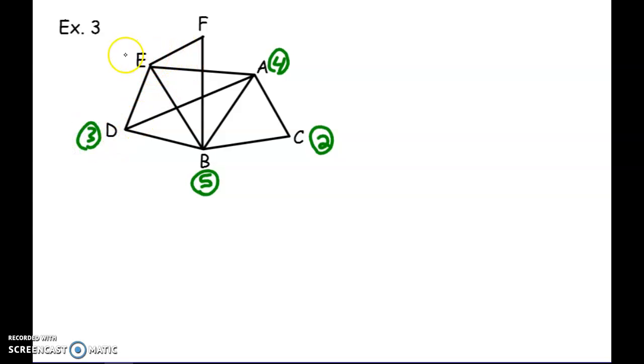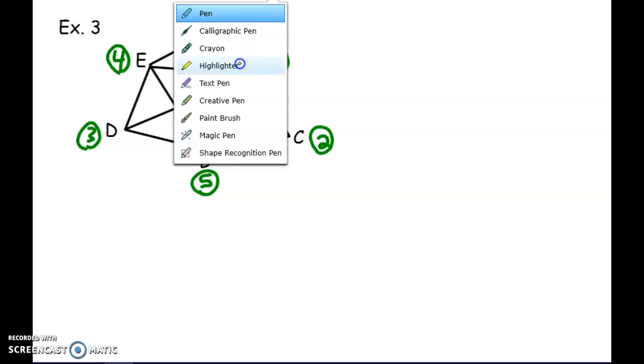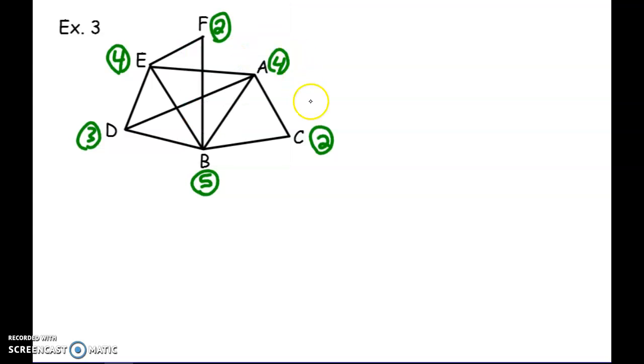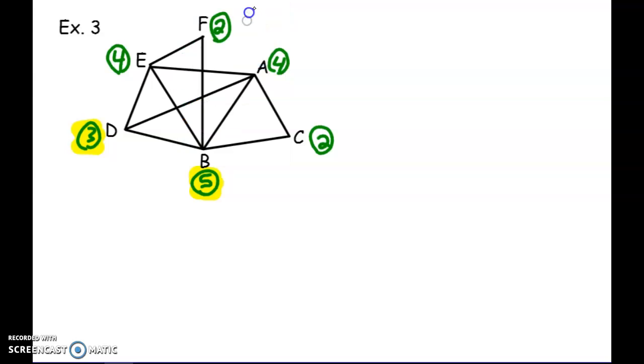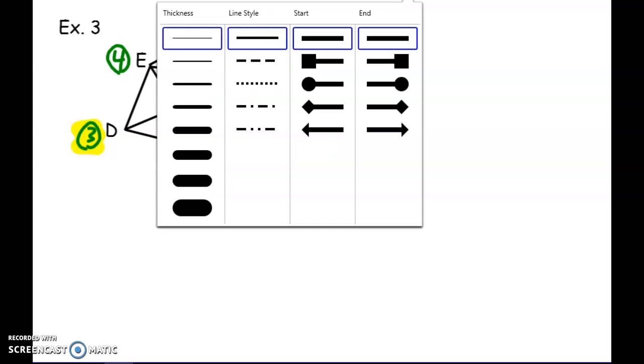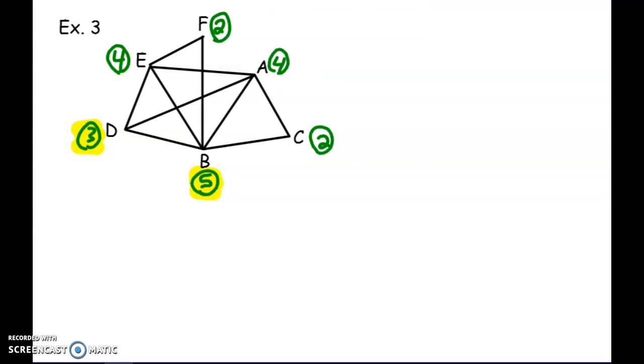E is 4. And F is 2. Okay, so we can tell that since there were 2 odd degrees here, the 3 and the 5, this is going to be our Euler path. So now what we want to do is come up with what that Euler path is.